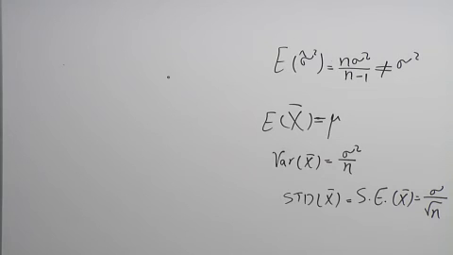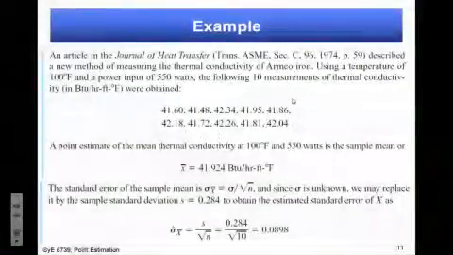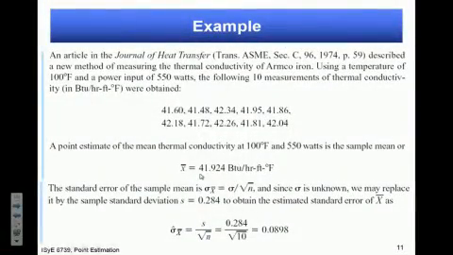So one example, we have a sample of 10 observations. From these 10 observations, X bar is 41.924. We can find the standard deviation, S, is 0.284. Therefore, my estimated standard error, S divided by the square root of n, is 0.0898.